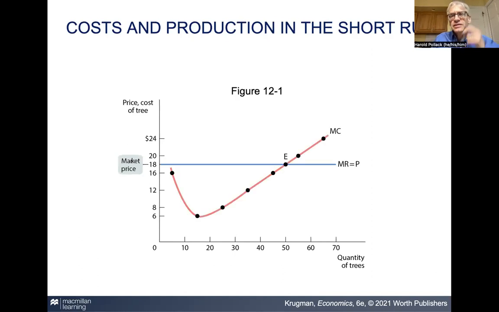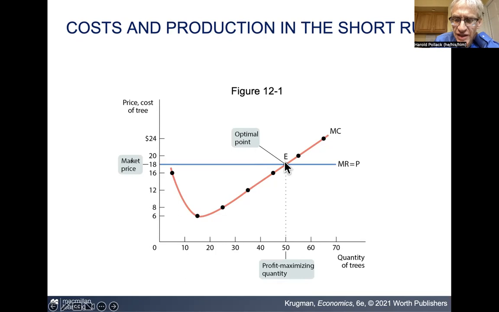Okay. So here's a short run production curve. Here's my optimal point. We've kind of already shown that. This is my profit maximizing point. But it'll turn out, although I'm not going to emphasize it here, that the producer surplus is actually the area between the marginal cost curve and this price. And kind of the idea is, I made this tree. This tree cost me $6.